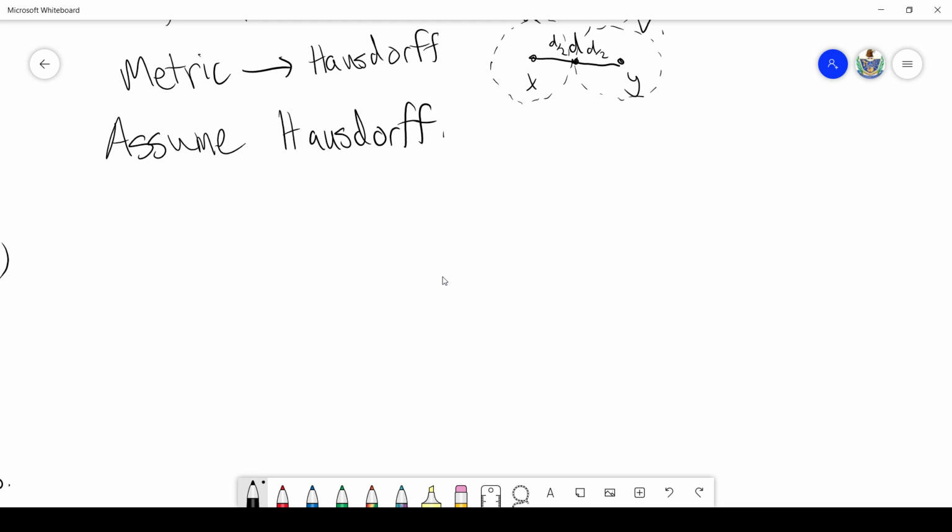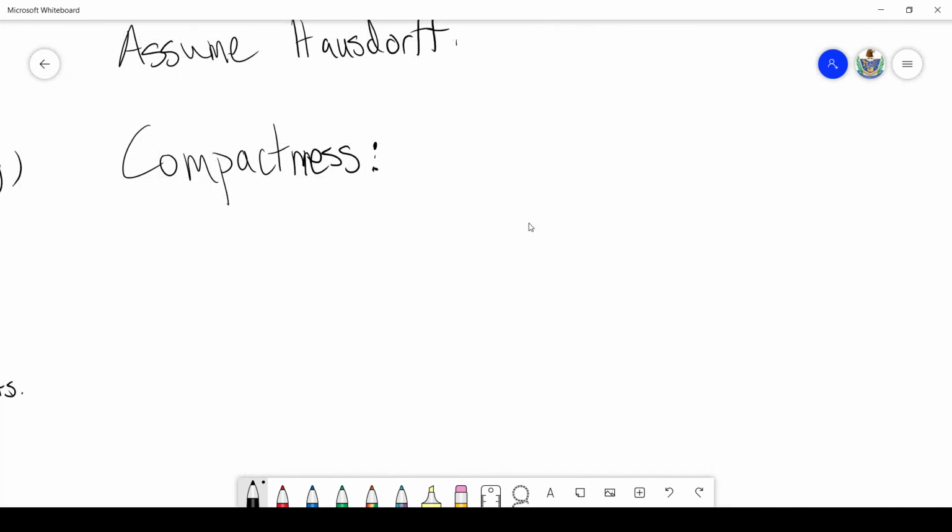Anyway, going on, we now have compactness. A compact space is one in which if you have a collection U alpha of open sets, where x is equal to the union of U sub alpha, so if you union all these open sets, you get x, then this is called an open cover.